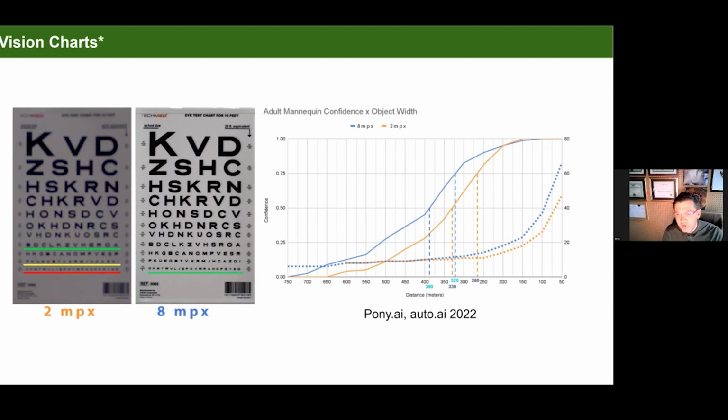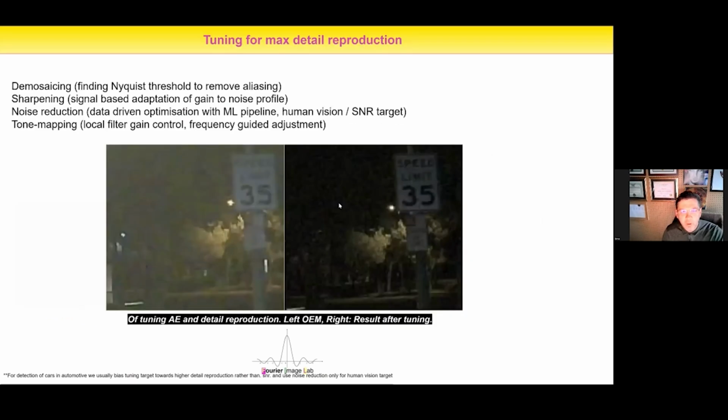And the dotted line shows the cost of detection, how many transistors are needed based on the object dimension in pixels. So in our lab, we are doing optimization of demosaicing, sharpening, noise reduction, and tone mapping to increase the detail reproduction. And we can increase these metrics by roughly 10-15% by proper tuning, sometimes 20.